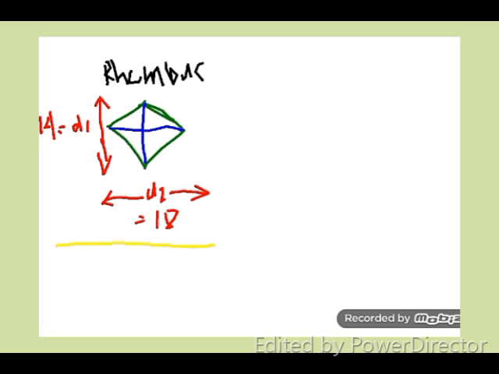To get the area of a rhombus, the formula is A is equal to 1/2 times D sub 1 and D sub 2.